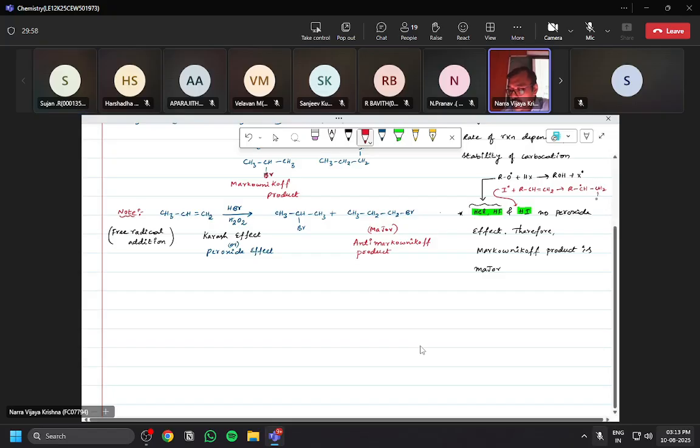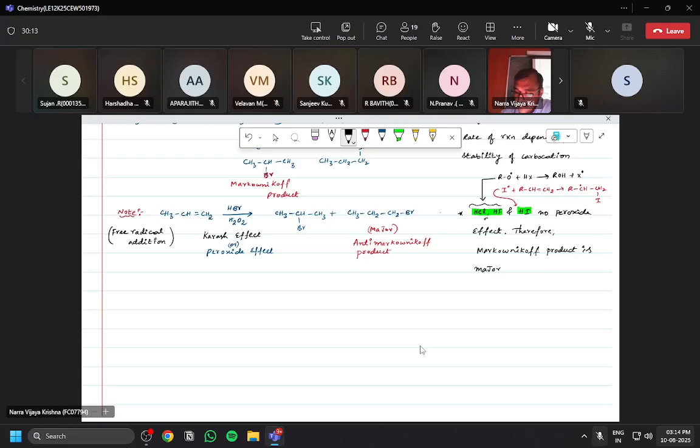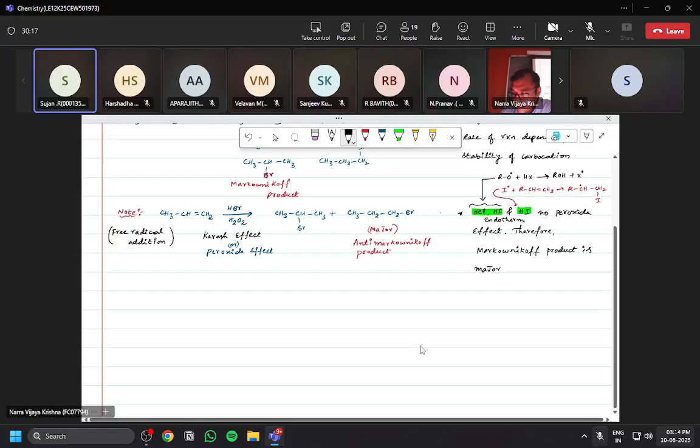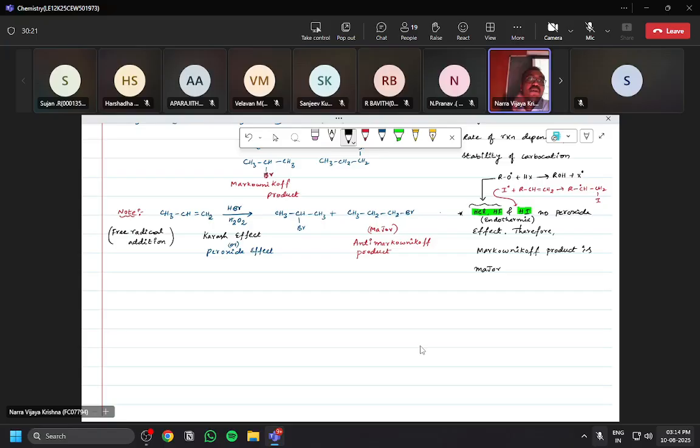Correct, sir? These two steps are endothermic steps. As those two steps are endothermic, reactions will not occur. Will you understand if I simply write in that way?